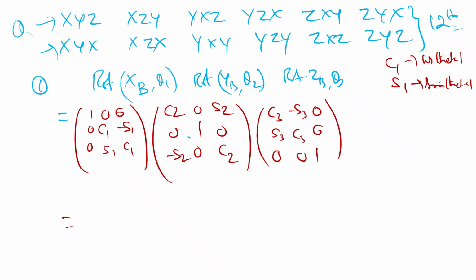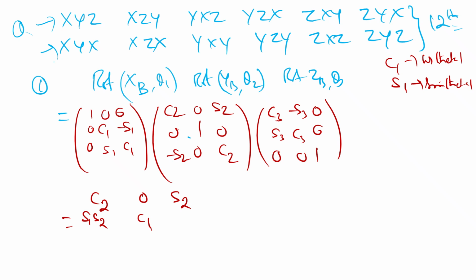So this will be 1, 1, C2, then 0, S2, and this one C1, 1, 0, correct. This is also correct. Now 0, this is 0, minus minus plus, so it is S1 S2. Then 0, then here it is C1.